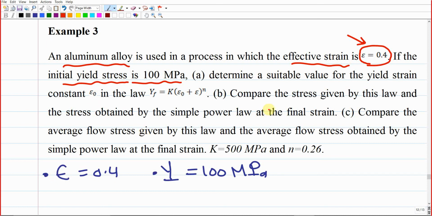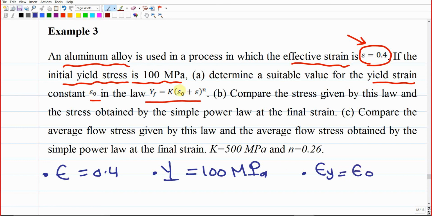It is required to determine a suitable value for the yield strain, epsilon 0, in this equation. So what is this epsilon 0? This is the yield strain.